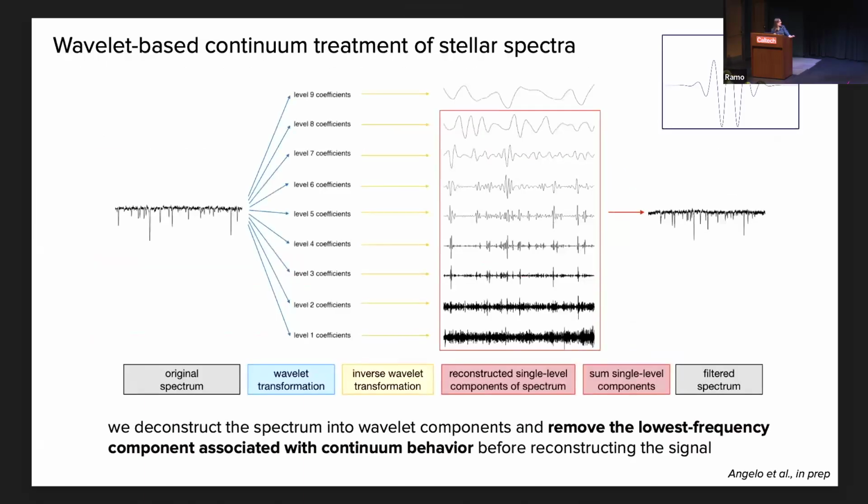And this is how it works. It's similar to a Fourier transform in its first step, where you do a wavelet decomposition, but instead of decomposing the signal into just sines and cosines, which are only characterized by frequency, we decompose the signal into these wavelets, which I show in the upper right-hand corner.